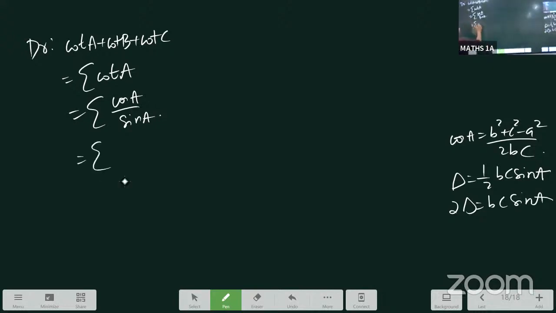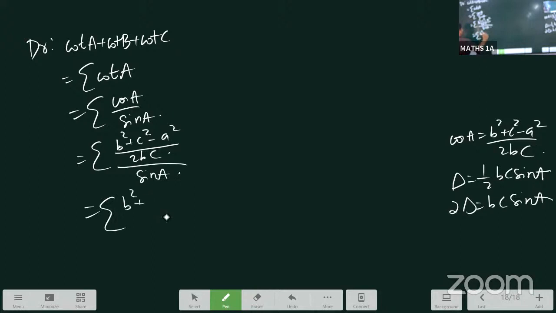So that is cos A, B square plus C square minus A square by 2BC, divided by sin A. That is summation B square plus C square minus A square by 2BC sin A. Correct now?